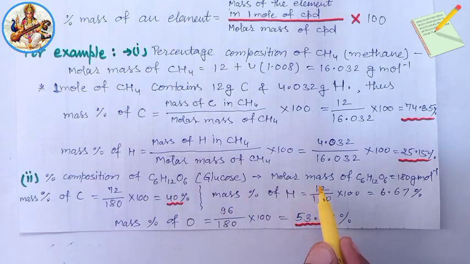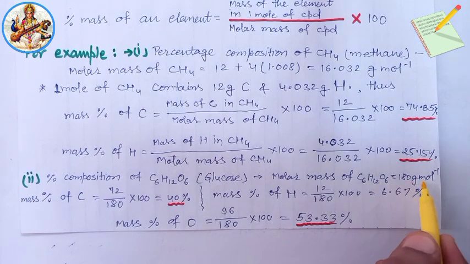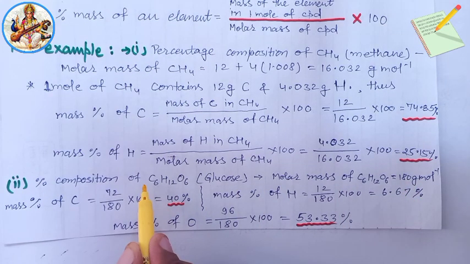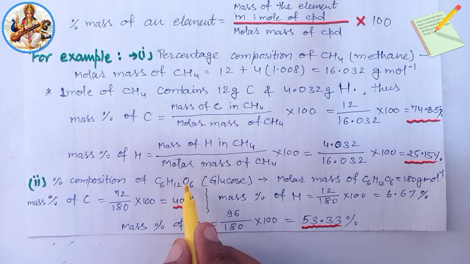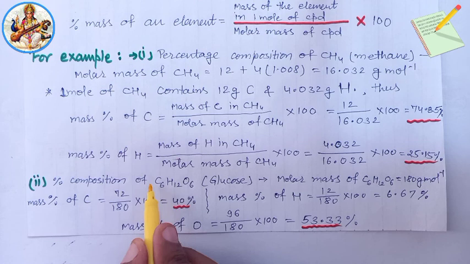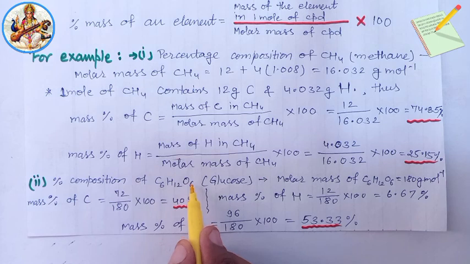Now the next example, percentage composition of glucose. We know that the molar mass of 1 mole of glucose is 180 gram. The atomic mass of carbon is 12, atomic mass of hydrogen is 1, and oxygen is 16 gram. Therefore, 6 into 12 plus 12 into 1 plus 6 into 16.